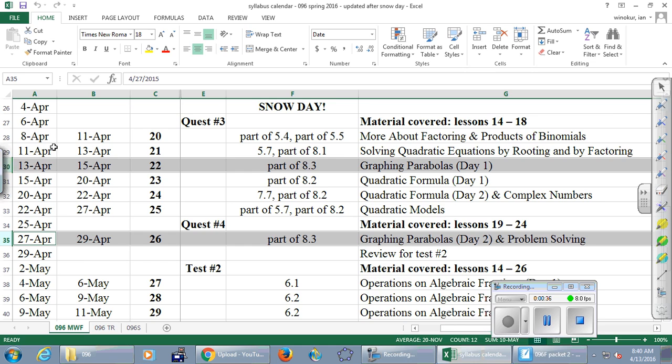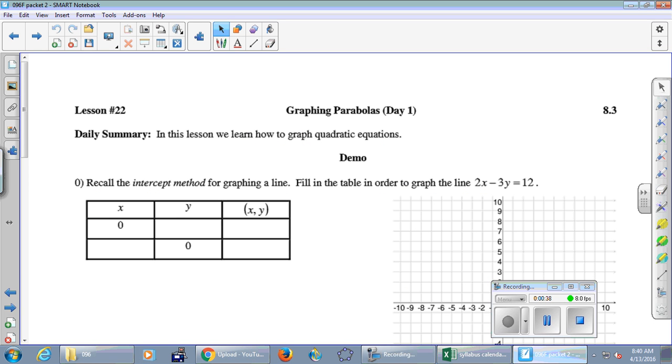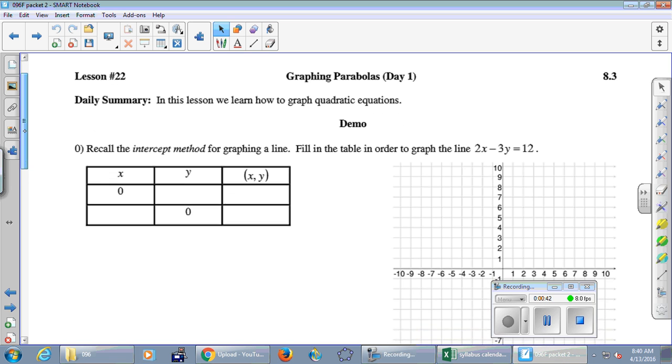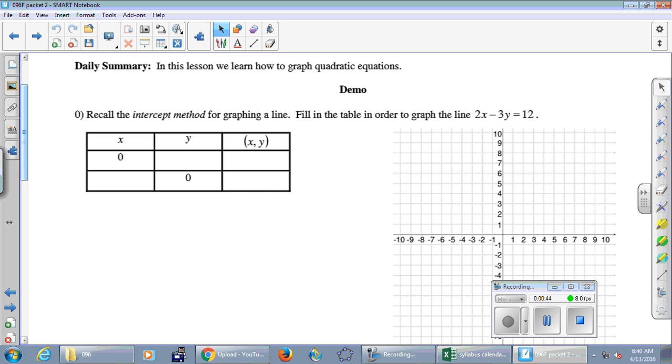Okay, so at the top of 179, with our summary, in this lesson we learn how to graph quadratic equations. Remember, quadratic again just means x squared is part of the equation. So number 0 here, recall the intercept method for graphing a line. Fill in the table in order to graph the line 2x minus 3y equals 12. So to find the intercepts, what we're going to do is individually set x and y equal to 0.